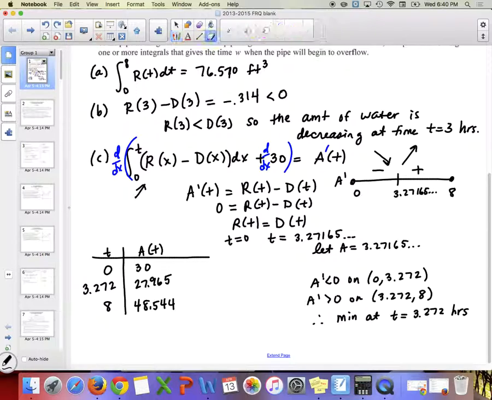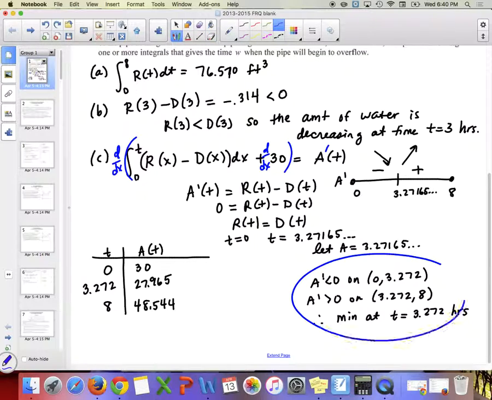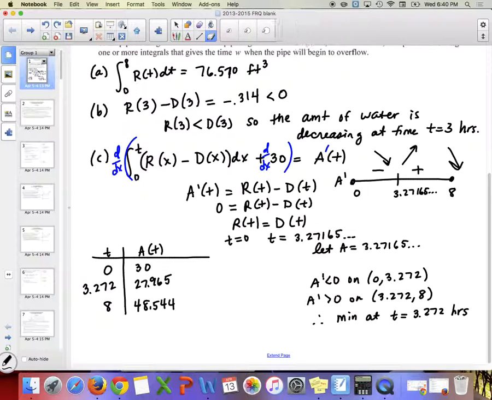But personally, I don't think that you really need to do that, because as long as you've justified like this, you're good. You've said that there's a minimum, right? You've even checked the endpoints. You know that the endpoints are higher than that is. Now, if you had something where it went back down, then yeah, you should plug in those values and find the endpoints. But I think that was a little bit extra in this case.